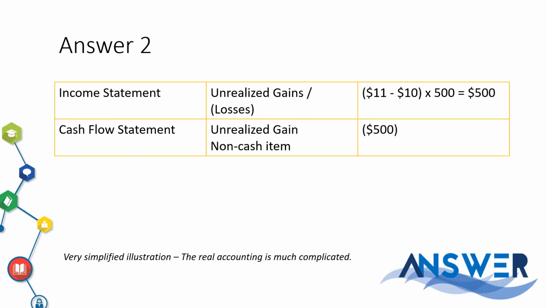Here is the answer. In the income statement, Company A will record $500 of unrealized gains or losses. Company A will record negative $500 for unrealized gain, which is a non-cash item to be reversed in the cash flow statement.